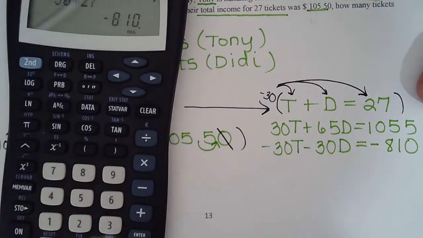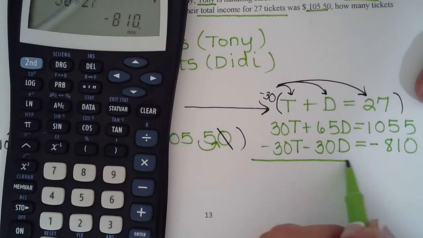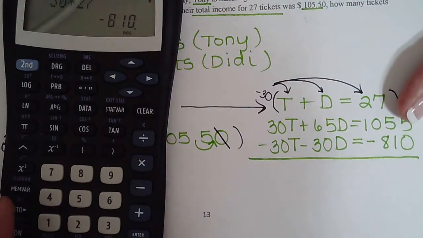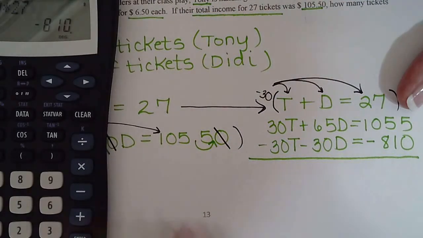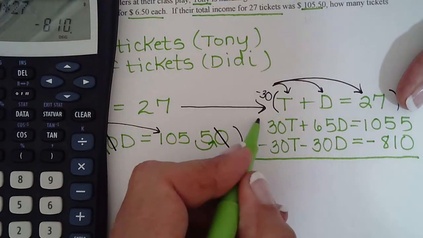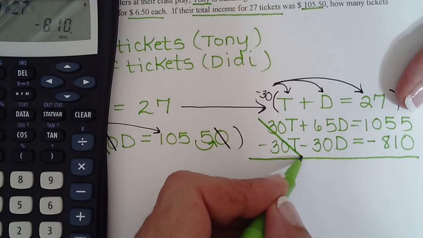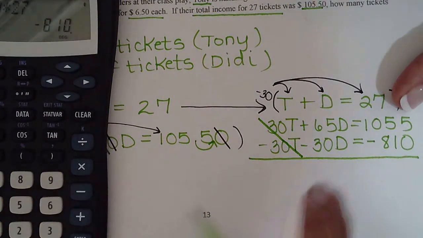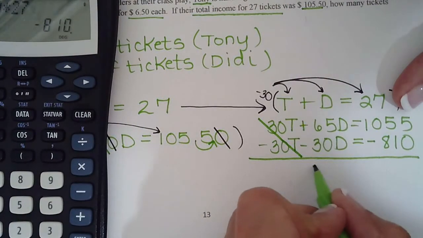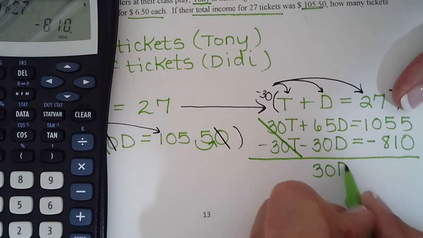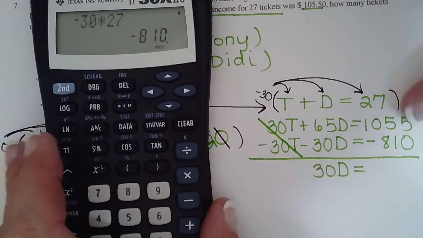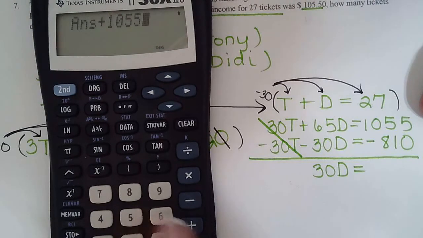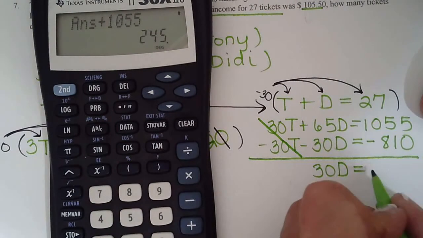So we'll keep that here because we're going to need it. So then before we add our plus sign, we look down the line and say, do we have opposites? 30 minus 30, yes we do. So eliminate the T's because 30 minus 30 is 0. Then we get 65 minus 30, which is 30D equals negative 810 and positive 1055, which is 245.